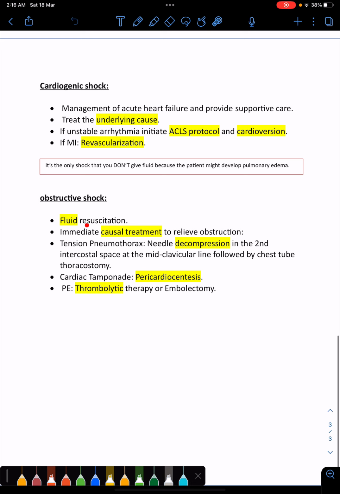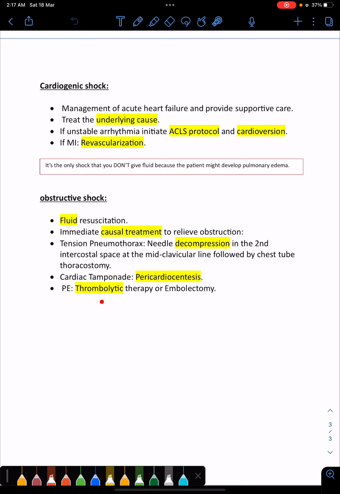Obstructive shock: fluid resuscitation, because these patients are having some sort of obstruction, let's say in the lungs or something, and we do give fluid resuscitation, and we do treatment of the cause and decompression on the lungs, and then pericardiocentesis is done as well, and thrombolytics sometimes, because those patients are having some sort of clots, so we're trying to remove them from the blood.